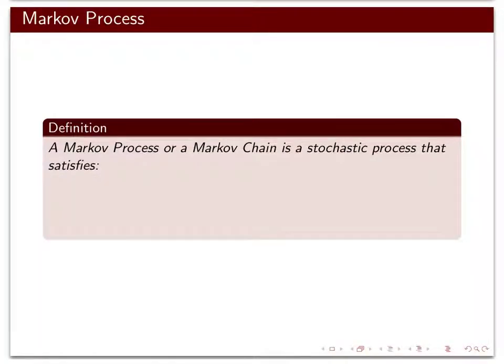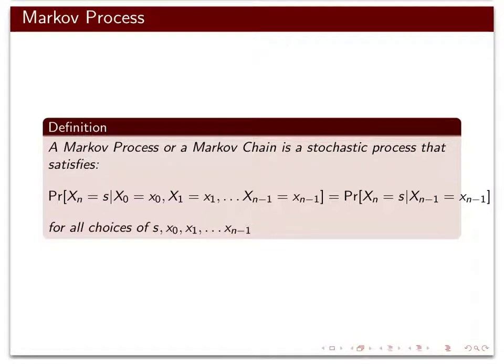Now we'll define a Markov process or a Markov chain. Here's the definition. The probability that Xn takes a value s, conditioned on its entire history up to that point, X0 takes some value, X1 takes some value, all the way up to Xn-1 takes some value, should equal the probability that Xn takes that same value s, just conditioned on the previous value, Xn-1 equals little xn-1.